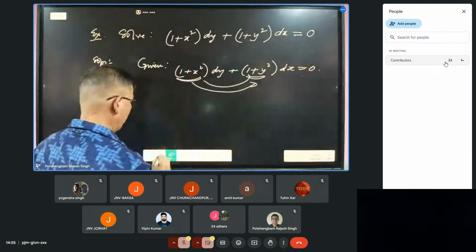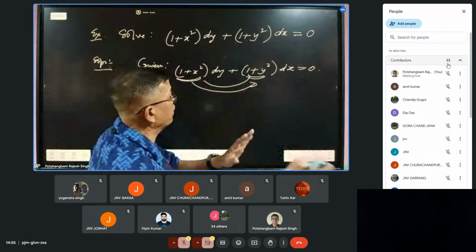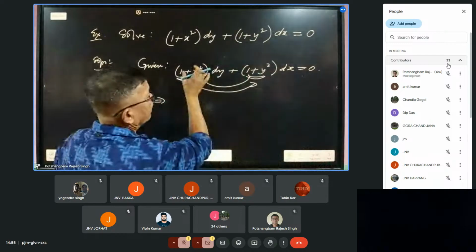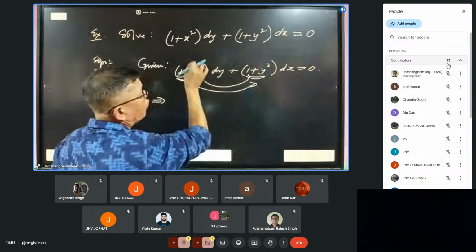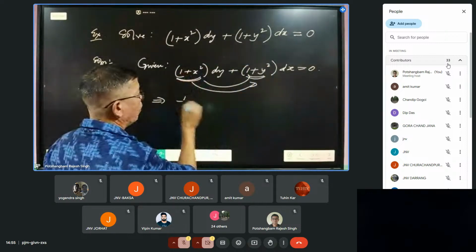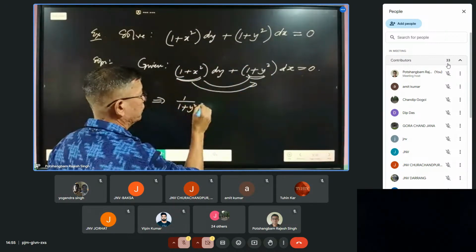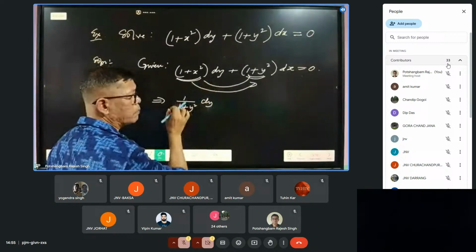So in this way, suppose let us assume that this is already cross divided to this side. Then what we have is 1 into this one crossed by this: 1 by (1 plus y squared) dy. So now the function of y is with the dy.